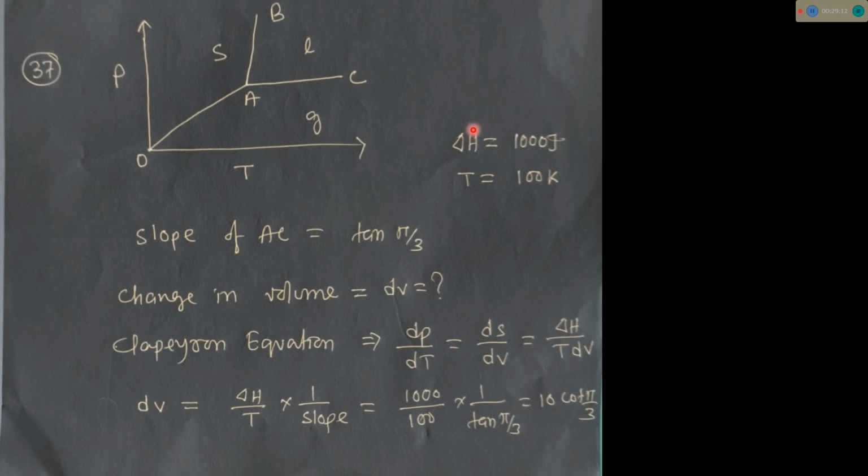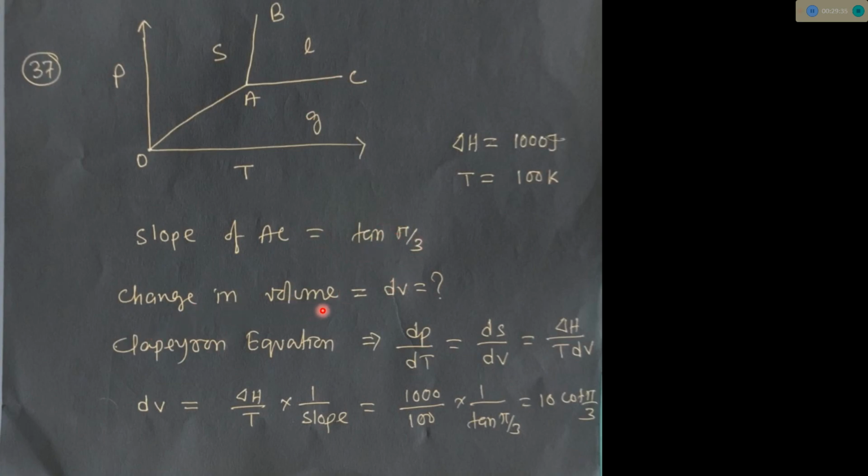The change in enthalpy was given as something like 1000 joule. I forgot the exact value, but at a particular temperature, 100 Kelvin I think, the slope of this straight line AC was given as pi by 3.